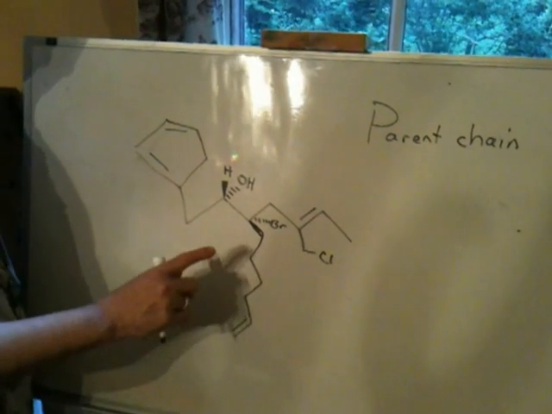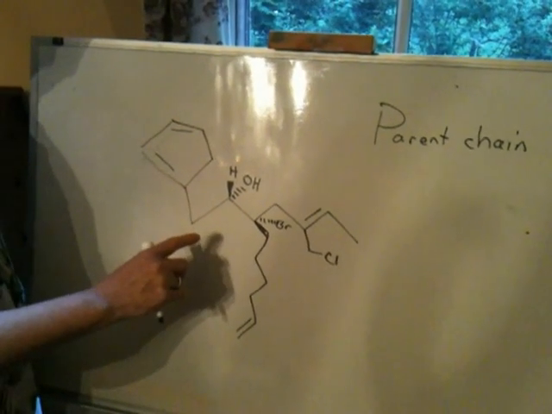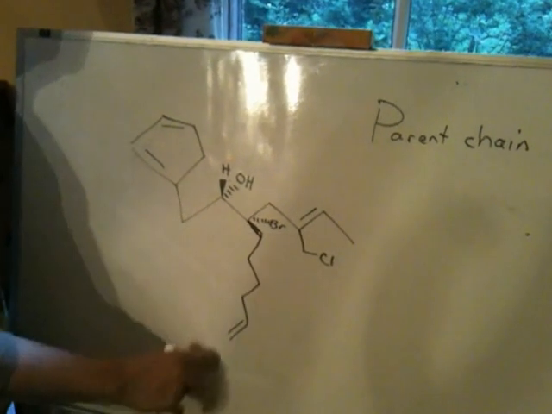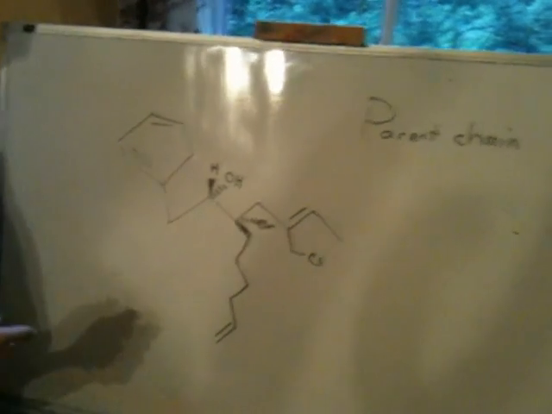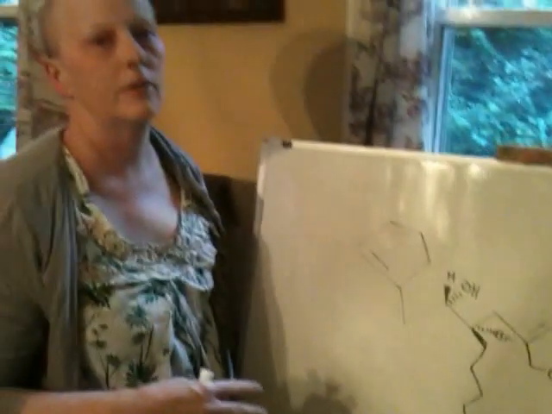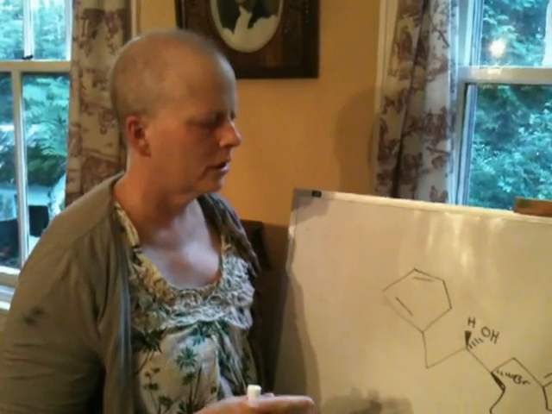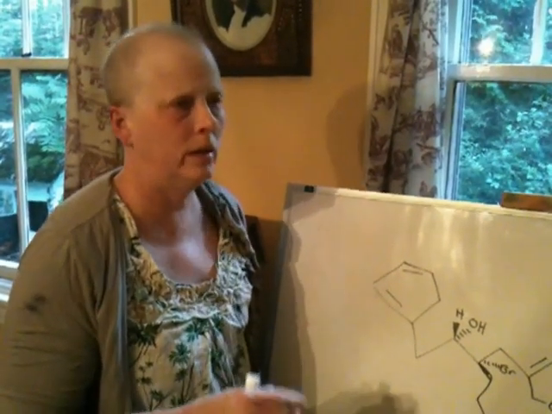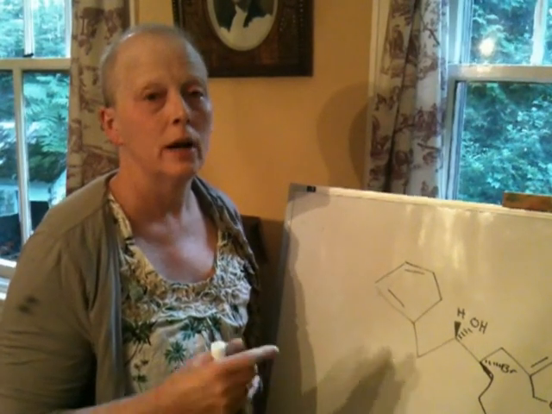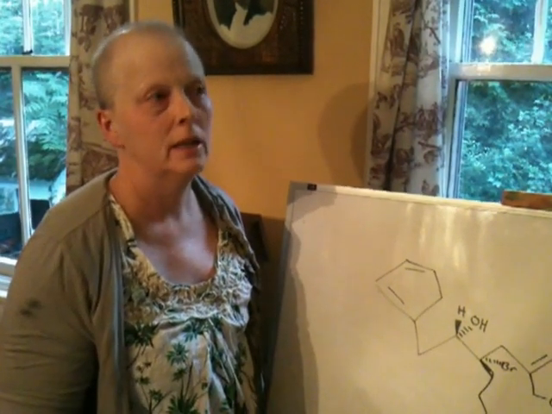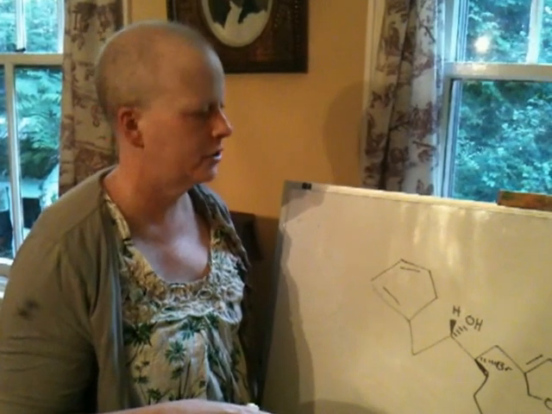And I hope I'm not making an error there, but it could not be this chain because this chain does not have the alcohol in it. So then at the second level of consideration, what you're looking for is getting the greatest number of double bonds into the chain.